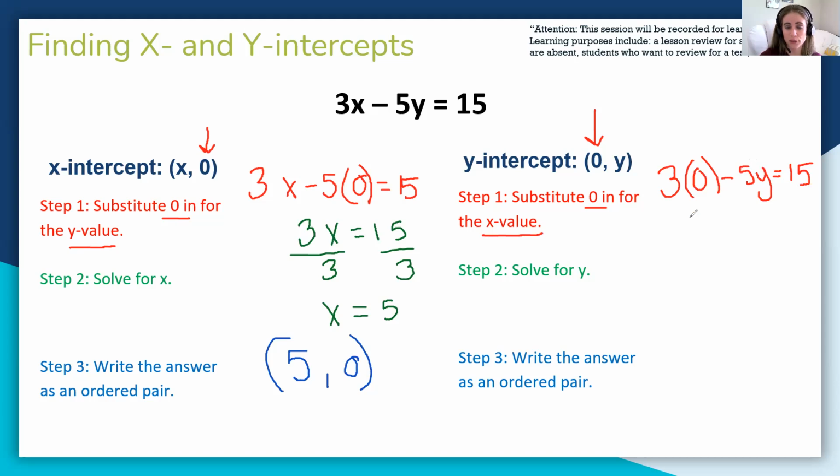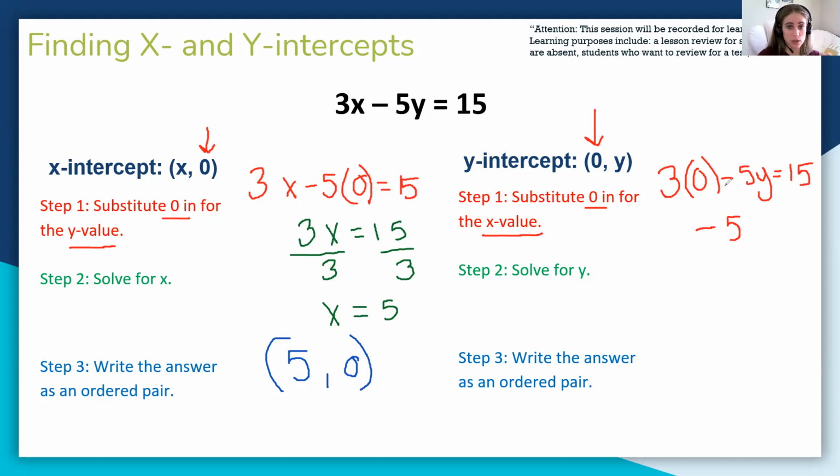Simplify your equation. 3 times 0 is 0. Make sure you don't lose that minus or that negative sign, okay? Because the sign in front, or another way to say that, to the left of a number, it belongs to it. So that minus 5 is really a negative 5. It's just a synonym, okay?